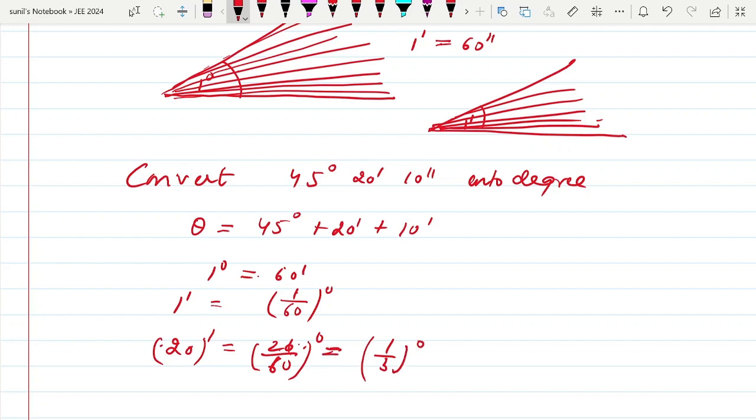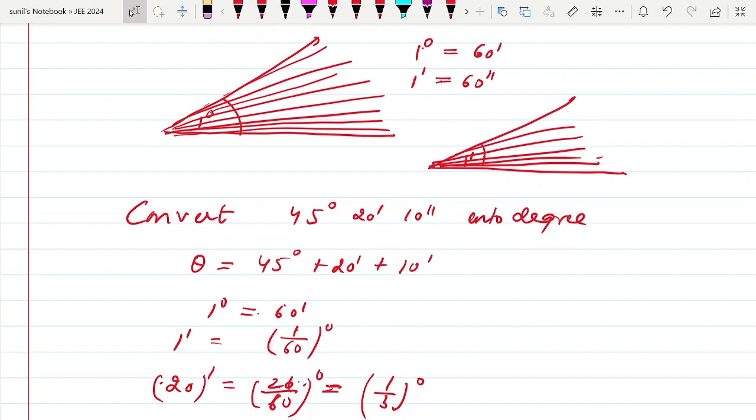Similarly, we know that 1 minute is equal to 60 seconds, so 1 second is equal to 1 by 60th minute.